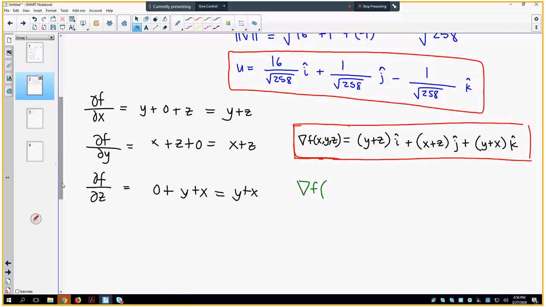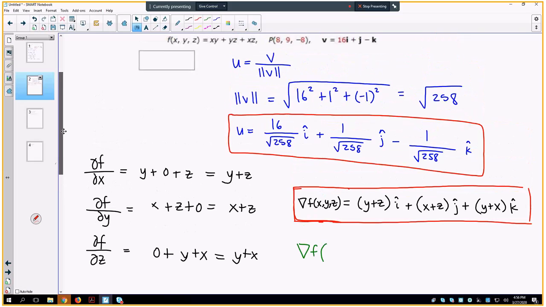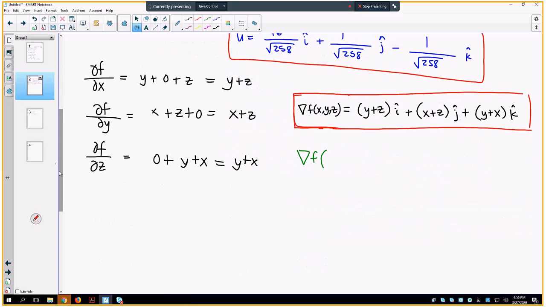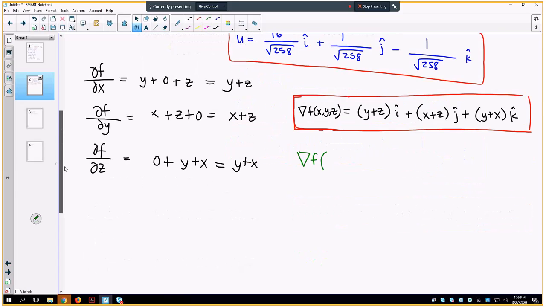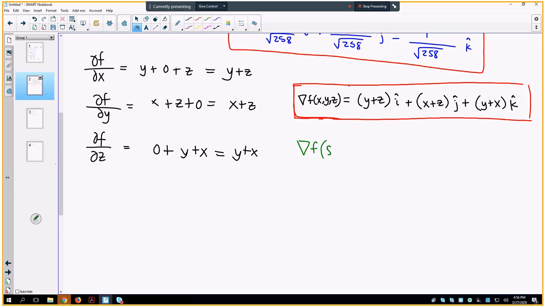All right. Did I do the same mistake anywhere else? Not yet. Okay, so this will be the gradient of f evaluated at 8, 9, and negative 8. I can just directly substitute those in. So I get 9 minus 8 i cap, so just i cap.